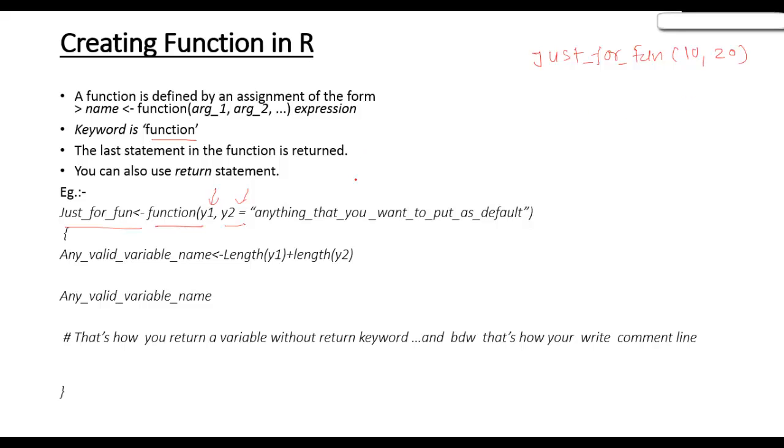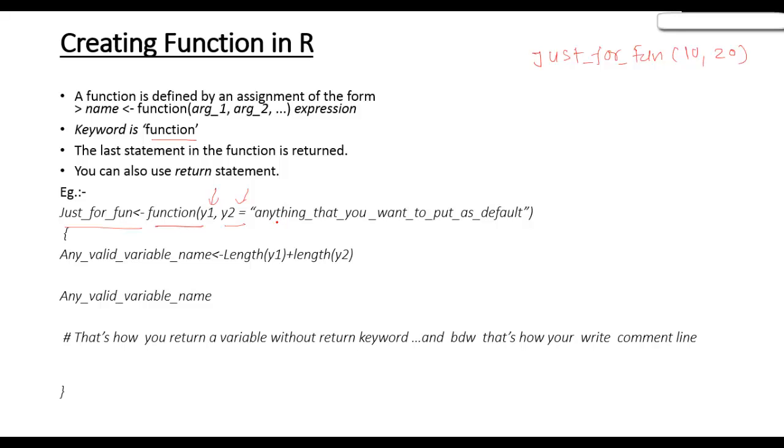Now you are wondering about what I have written over here. This is one argument, this is another argument. There are cases where you want your function to have an argument which should get a default value if the user doesn't specify any value.